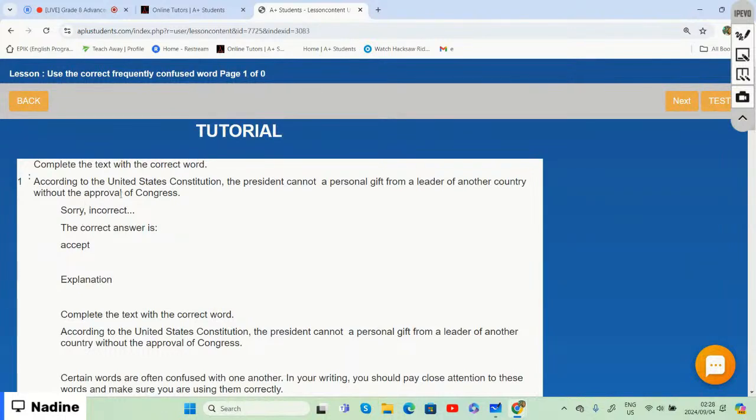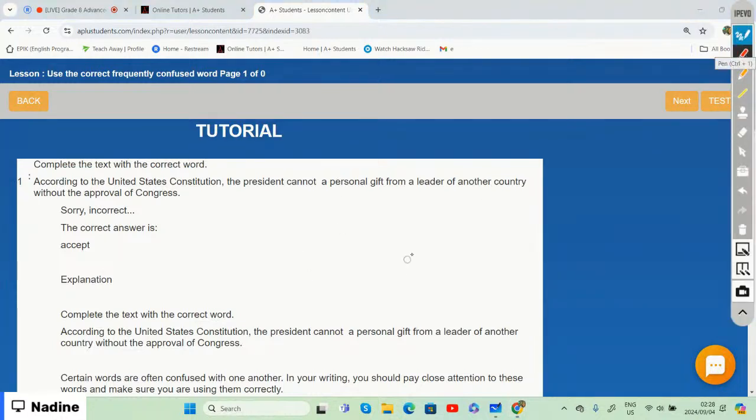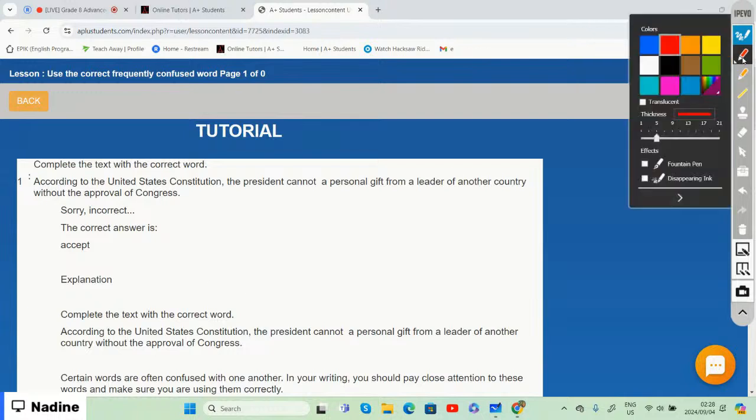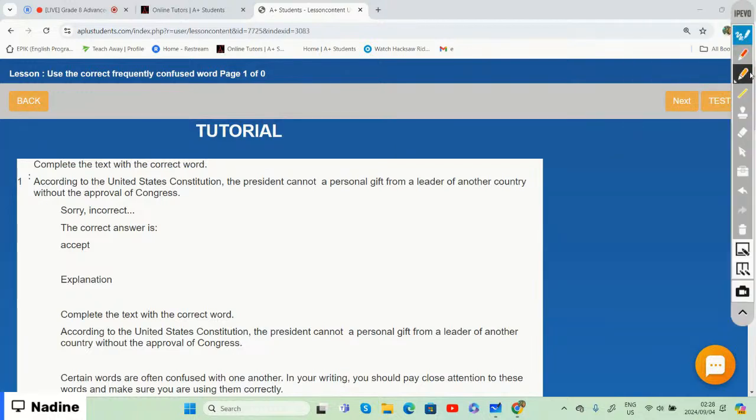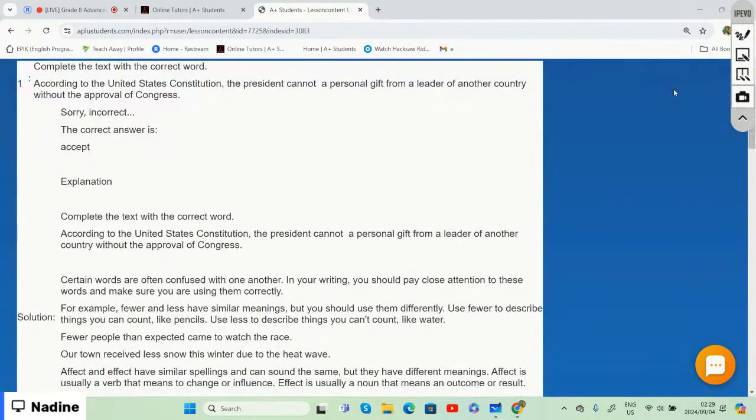It says, according to the United States Constitution, the president cannot, do we say accept or except?